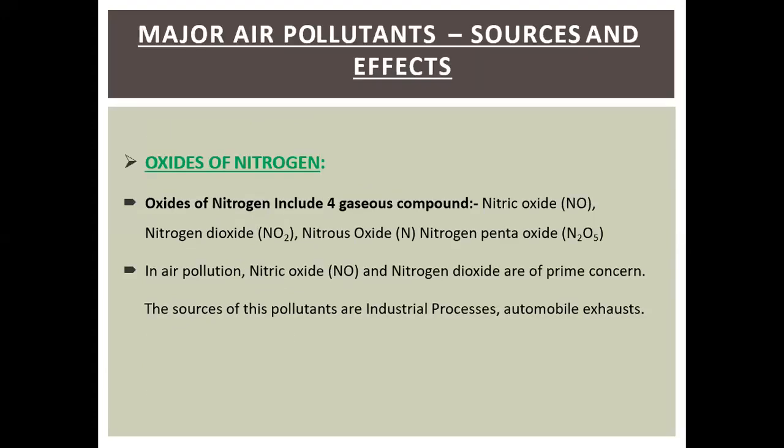So today we start our lecture from the major air pollutants, their sources, and their effects on humans, materials, etc. Right. So the first one is the oxides of nitrogen. Oxides of nitrogen include four gaseous compounds: nitric oxide, NO, nitrogen dioxide, NO2, nitrogen oxide, N2O, and nitrogen pentoxide, N2O5, right?